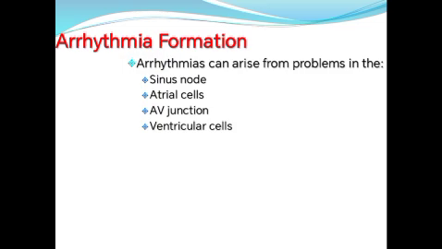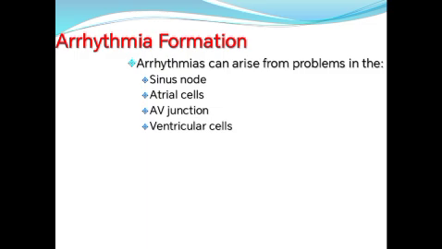It either arises from the sinus node, or from the atrial cell, or the AV junction, or from a ventricular cell. If it is from the sinus node or from the atrial cell, we call it supraventricular arrhythmia, or if it's from the AV junction, it is called AV or junctional arrhythmia. Below the AV junction, it is definitely ventricular arrhythmia.